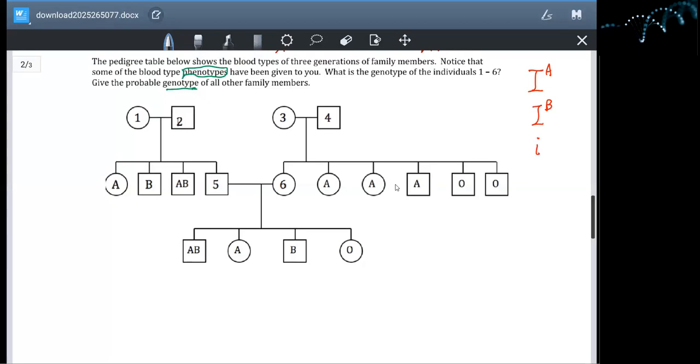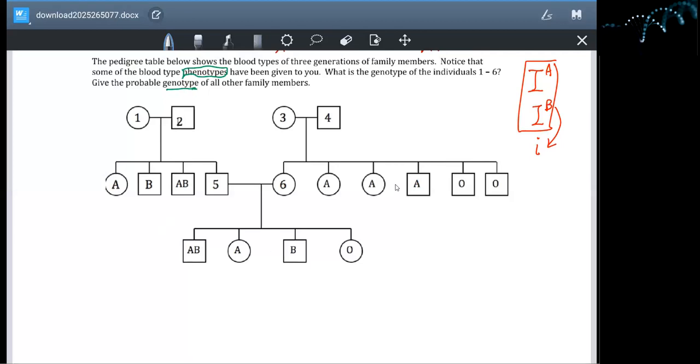And these two are dominant over little i. And we know that a blood type group has a certain genotype. So go back and look at the key, and if you need to, then build the key for all the blood type groups. But I'm not going to go through all those details. I'm going to assume you already know that. And then we're going to start building this.